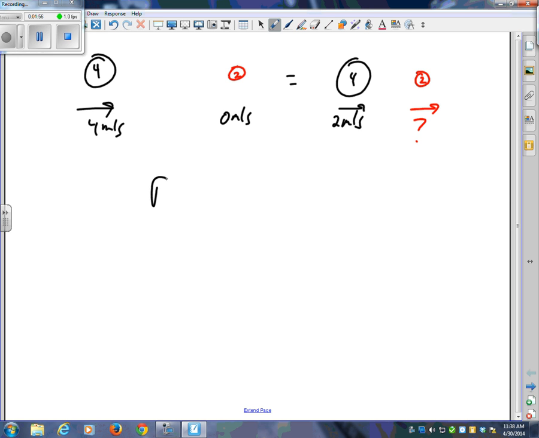Alrighty, so again, PI is equal to PF, which stands for initial momentum is equal to final momentum. Sometimes I write M1 V1 plus M2 V2 is equal to M1 V1 plus M2 V2, and these are prime.